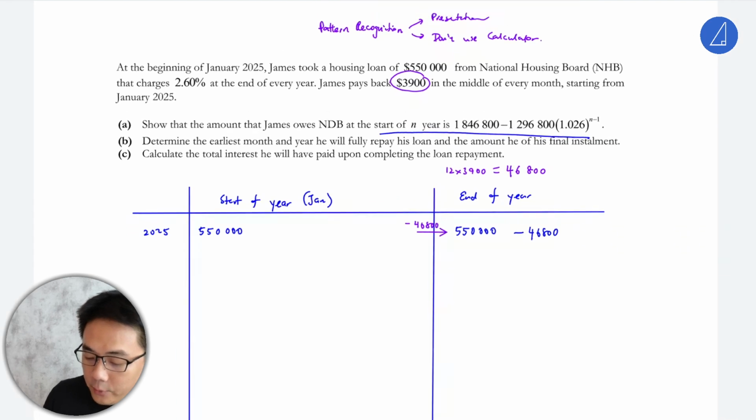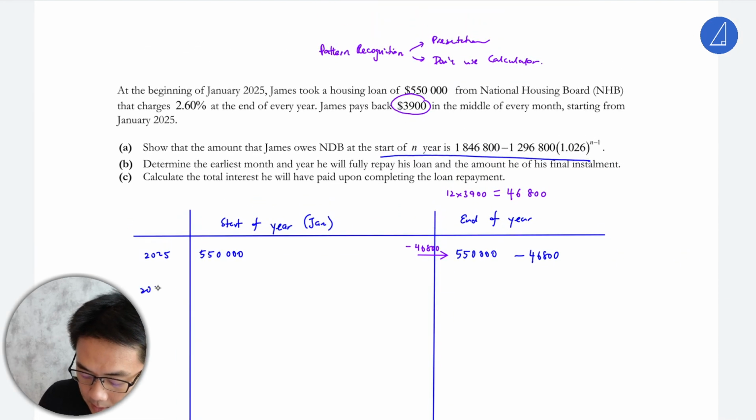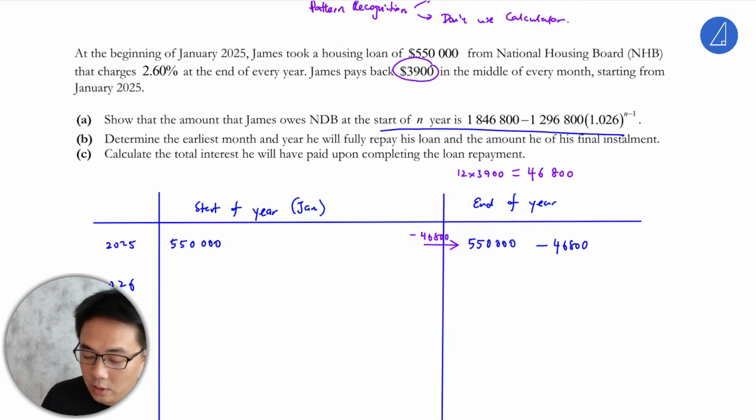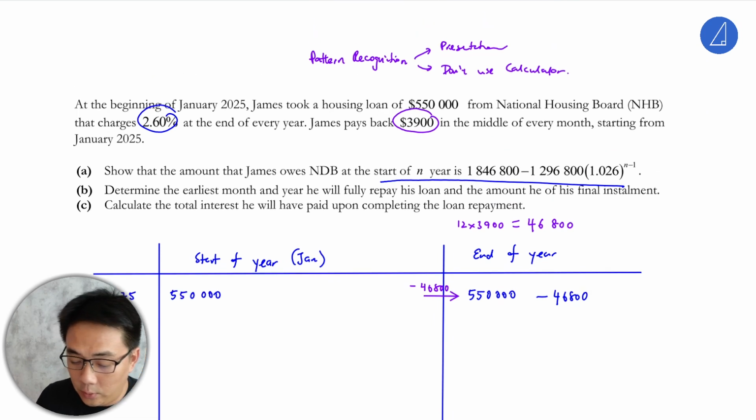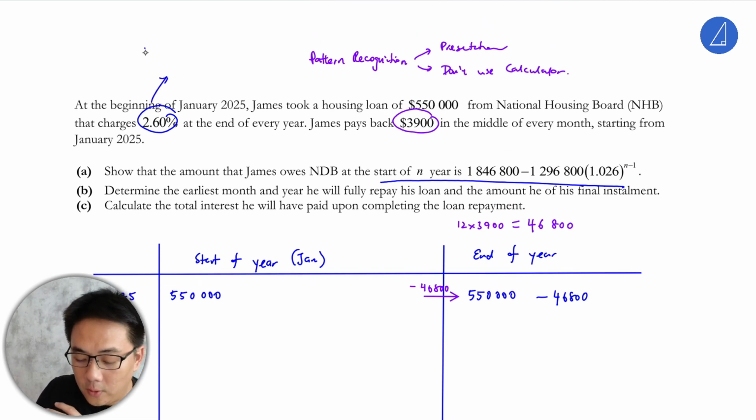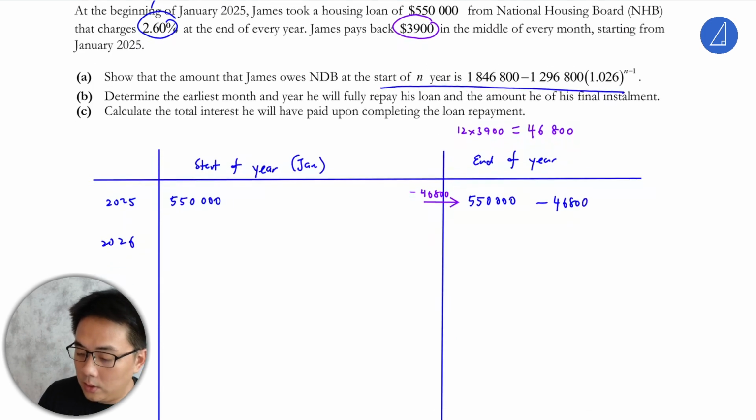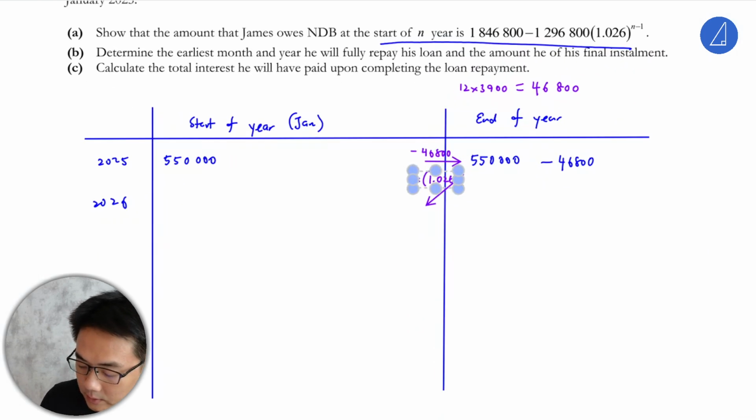Then after which, for the second year, the bank would have charged an interest of 2.6%, meaning the principal plus 2.6%. So you need to multiply. Remember to multiply by 1.026. That is the main thing, 1.026.